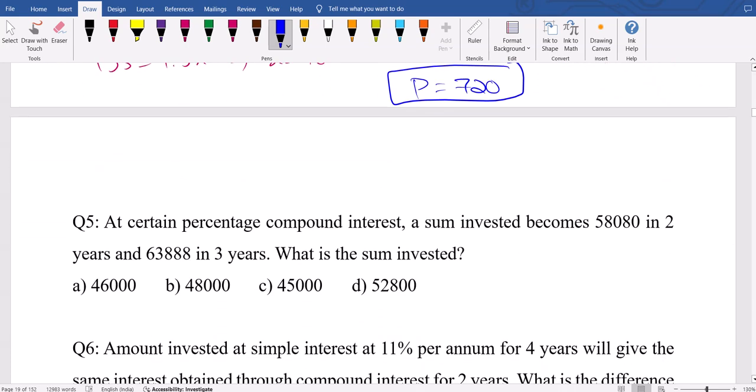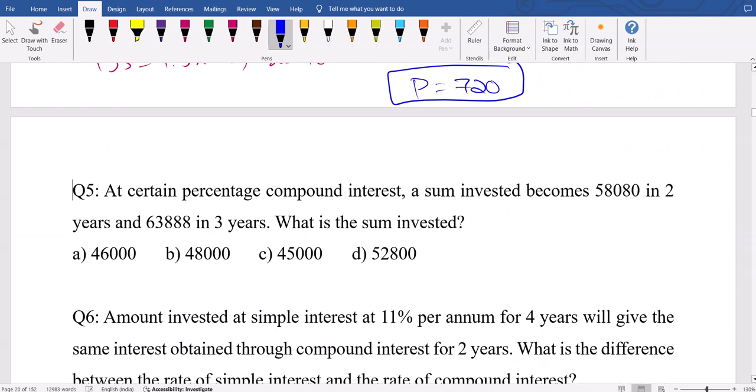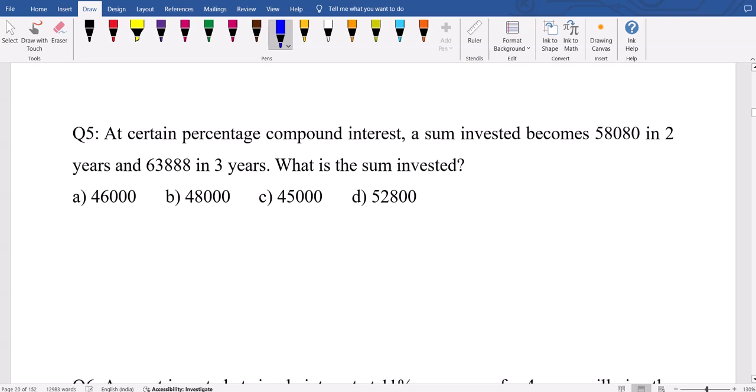Right. So let's see the next question, compound interest. Pretty much you people got the answer here. Again, this is amount.